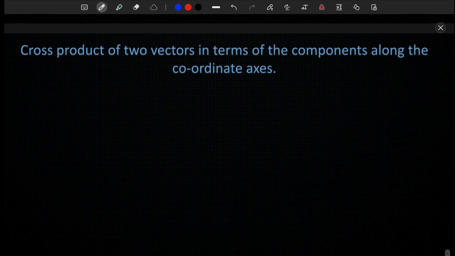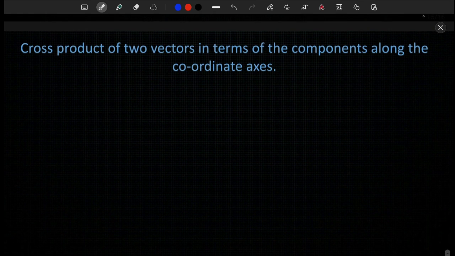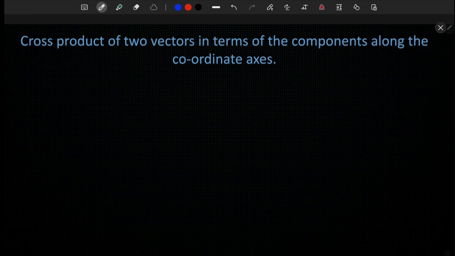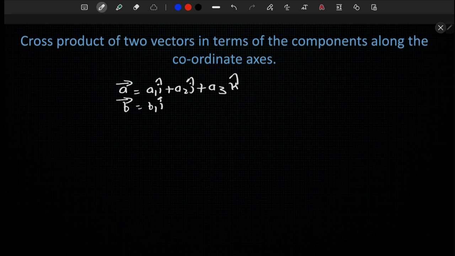Now, cross product of two vectors in terms of components along the coordinate axes. Suppose we have two vectors, a equal to a1 i plus a2 j plus a3 k, and another vector b equal to b1 i plus b2 j plus b3 k.